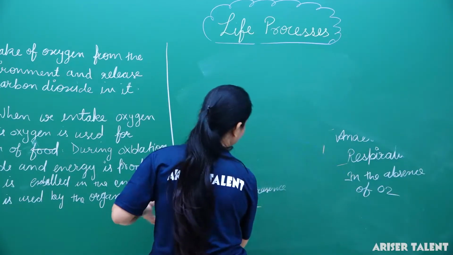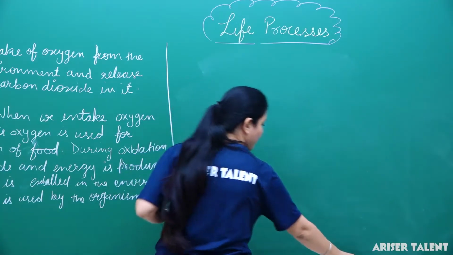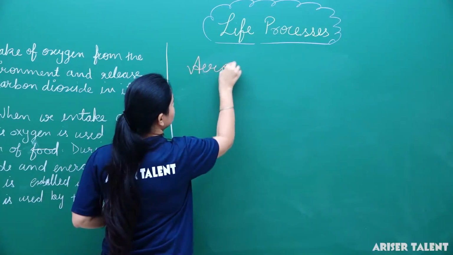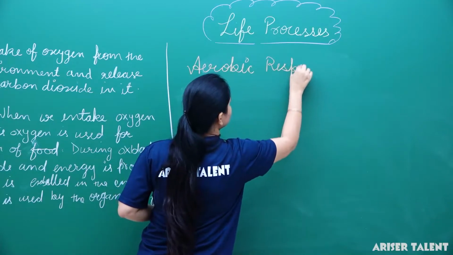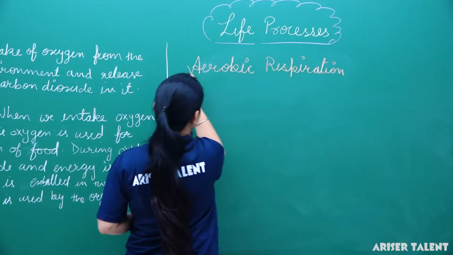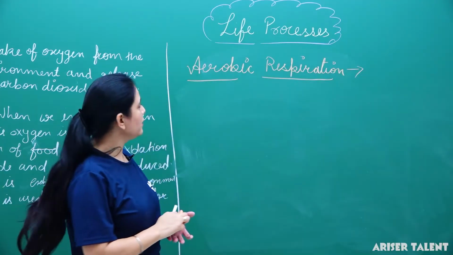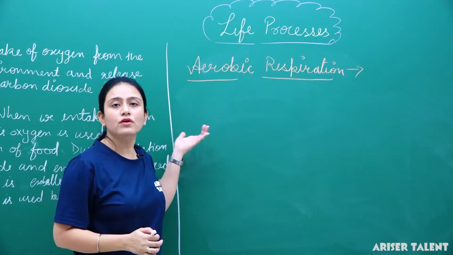First of all, we will talk about aerobic respiration. It's very interesting to know about aerobic respiration. As I told you, this process takes place in the presence of oxygen.